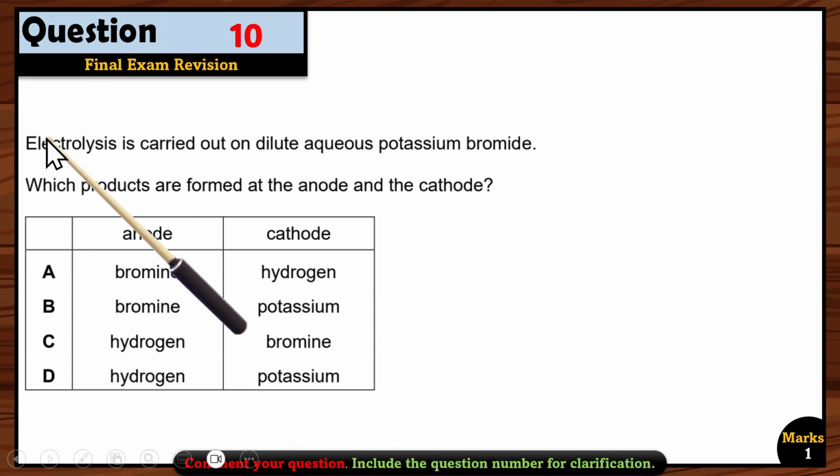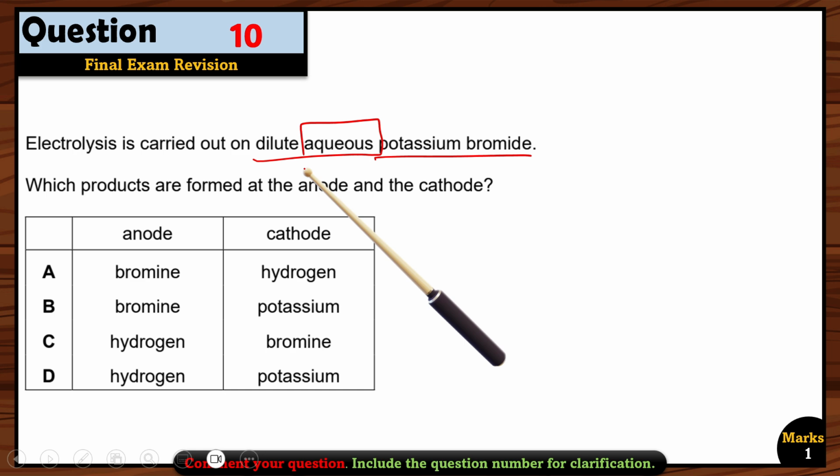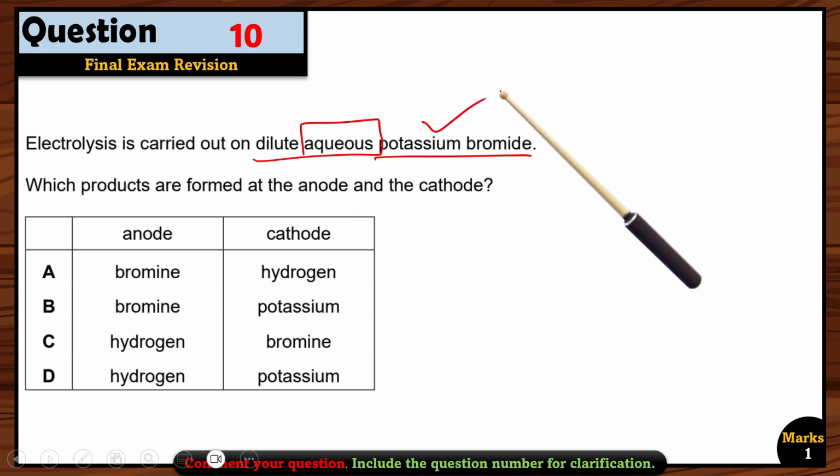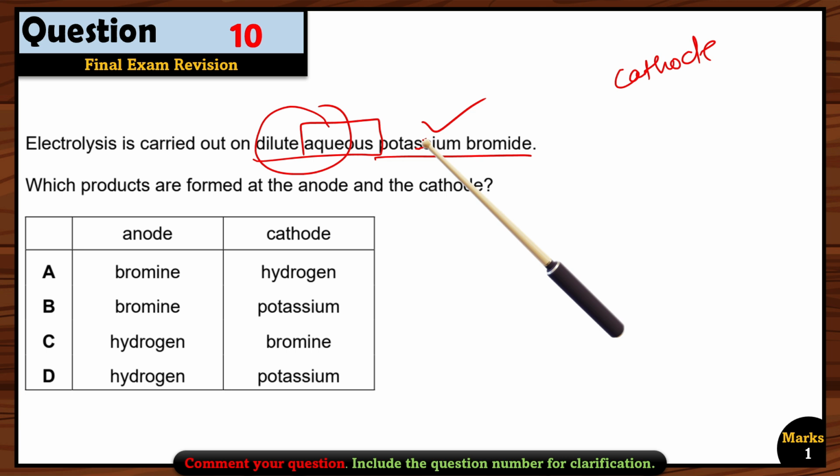Question number 10. Electrolysis is carried out on dilute aqueous potassium bromide. Which products are formed at the anode and the cathode? This is potassium bromide and this is dilute aqueous, right? Potassium is a metal, but it is a solution. In an aqueous solution at the cathode, if it's not copper, you will get hydrogen gas all the time.